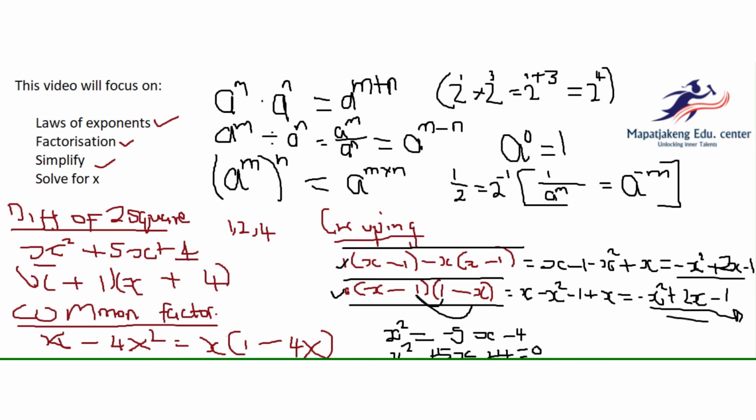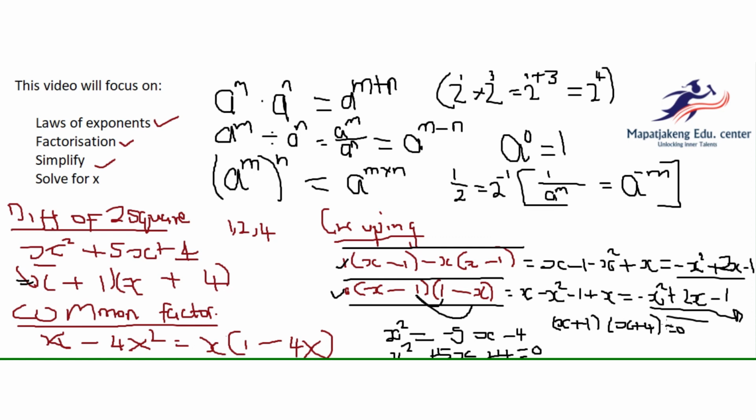Since there's nothing else we can do, it simply calls us to factorize. We already see this is the same as that, meaning we can replace this with this simplification. And then we end up with x plus 1 in a bracket multiplied by another bracket of x plus 4, equals 0 on the other side.